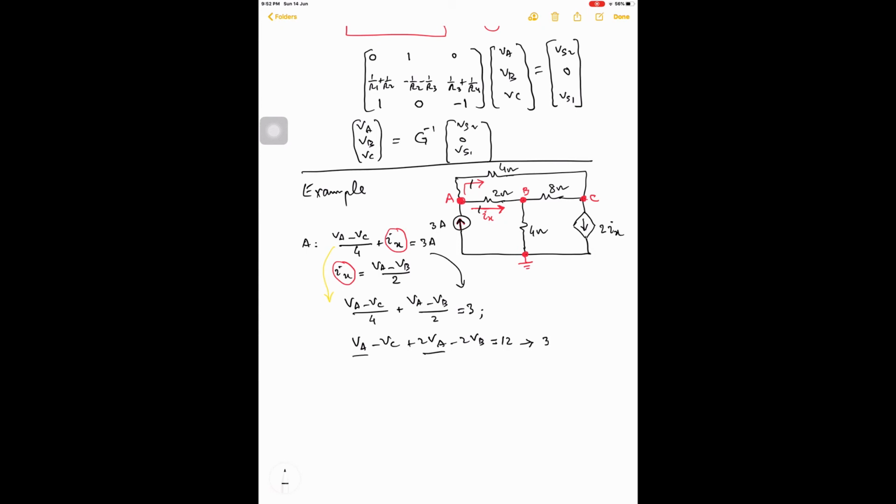So this is 3VA, then VB terms, VB minus 2VB, and VC term, VC minus 1 VC, and the right hand side is equal to 12. So this is equation 1.